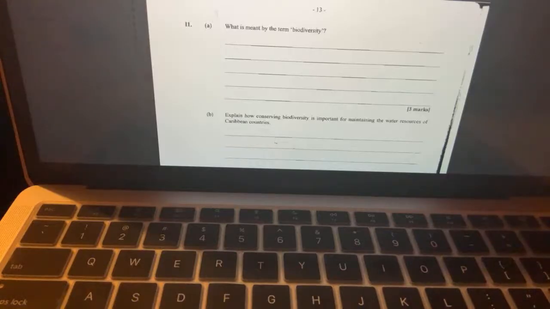Good job with biodiversity, Dominique. Good job, Kiara. Good job, your 3 marks there, guys. So, how would conserving biodiversity be important?